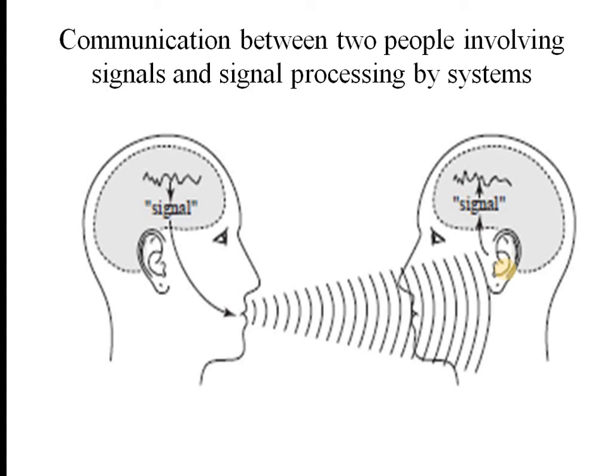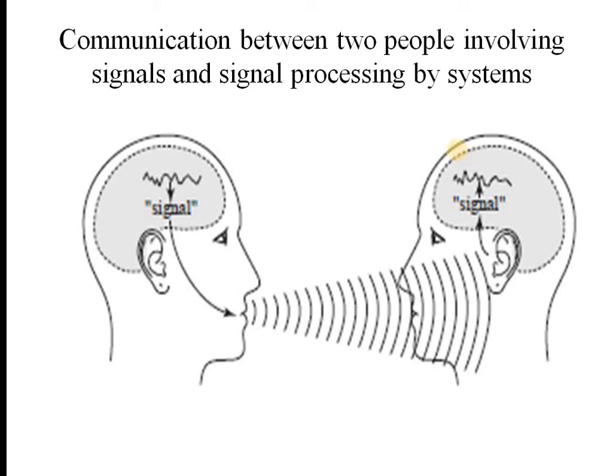The vibrations are converted to nerve impulses once again, and the listener's brain converts first to the sound, then the word, then the concept of signal. This is what happens whenever we start a conversation with someone. Therefore, conversation is accomplished by a system of considerable sophistication.